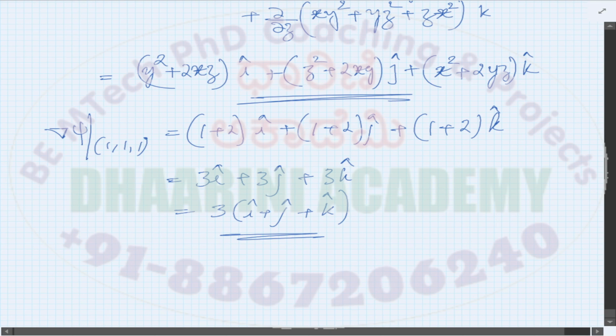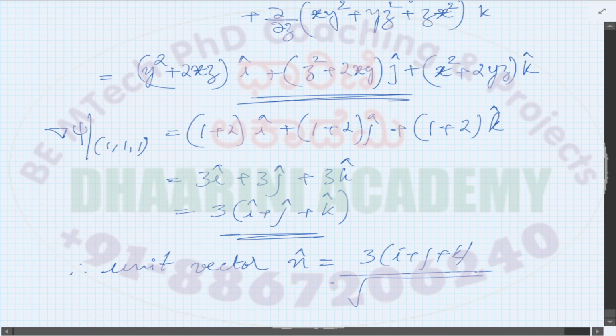That is del psi. So along this I need a unit vector, right? So therefore the unit vector n cap is equal to 3 into i plus j plus k divided by root of, right?